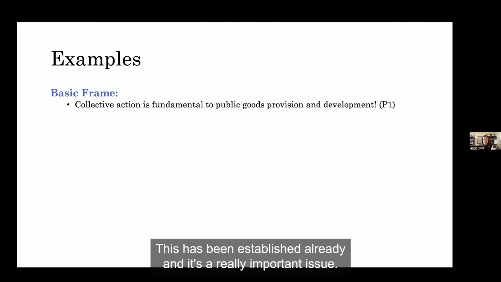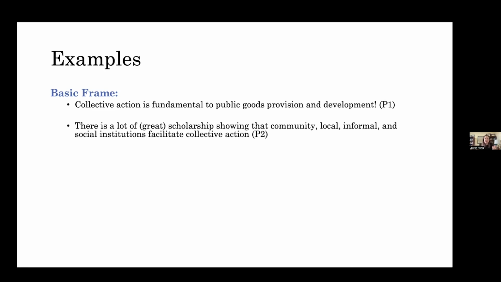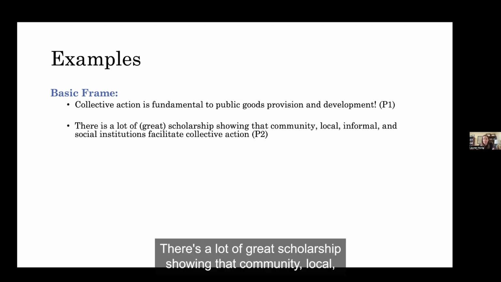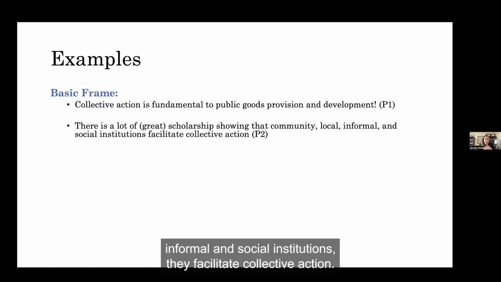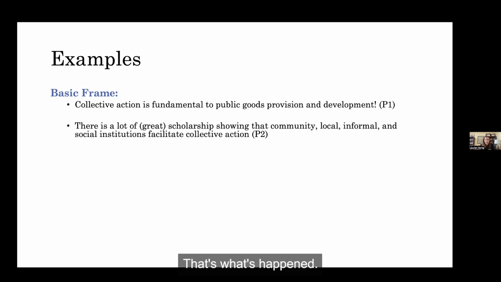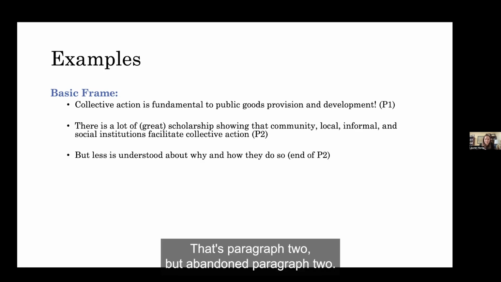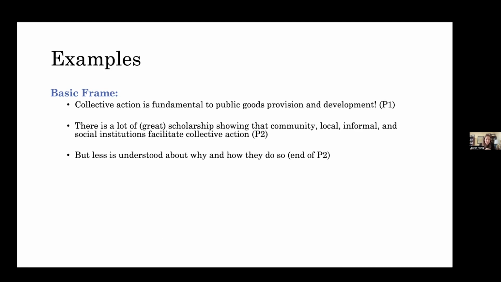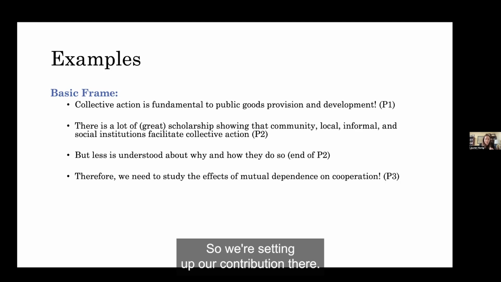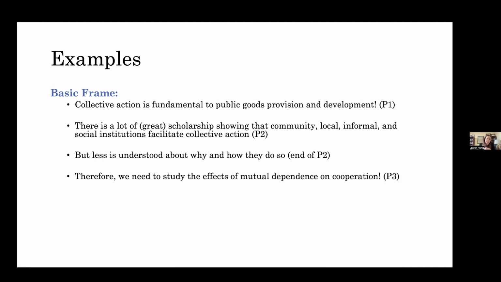This has been established already, and it's a really important issue. There's a lot of great scholarship showing that community, local, informal, and social institutions facilitate collective action. That's paragraph 2. But at the end of paragraph 2, less is understood about why and how they do so. So we're setting up our contribution there.